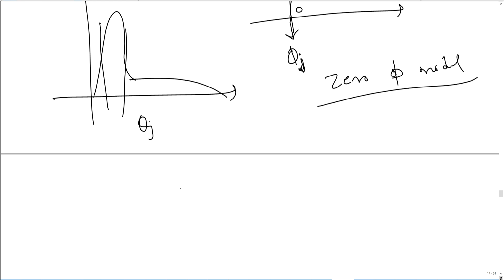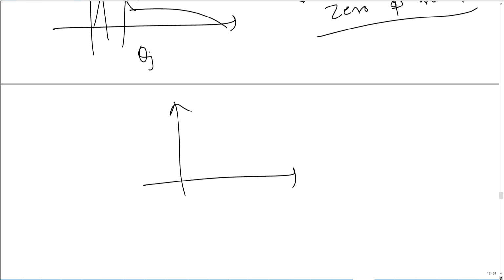Okay. Then you can also make explicit assumptions if you want to do hypothesis testing. So, let us say something like, one is that all individuals have a strictly positive value of phi. So, this is phi. Individuals vary in terms of this parameter phi, but all individuals have a positive value of phi.